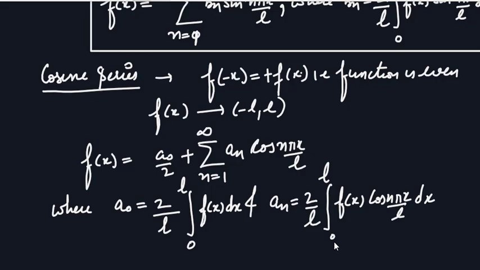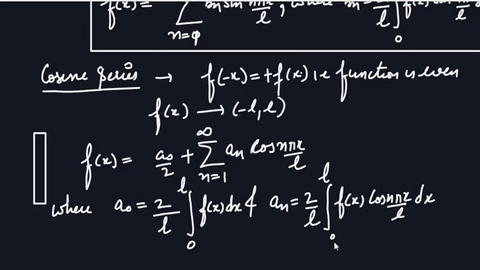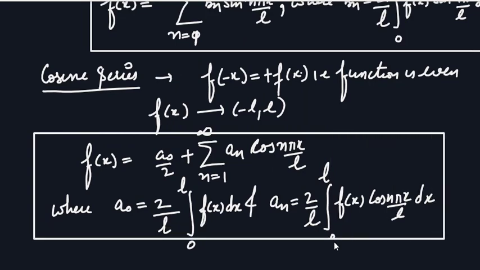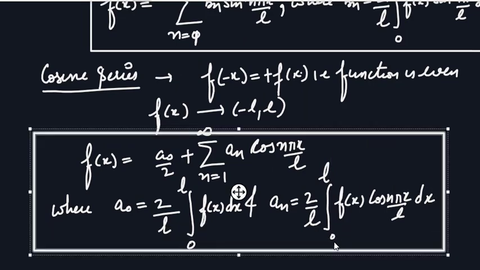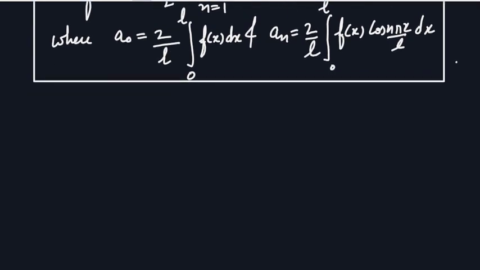Fine. This is our half range cosine series. We need to remember these two formulas to express the function as a half range sine series or cosine series.